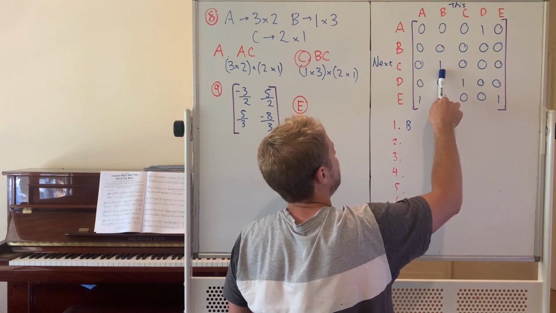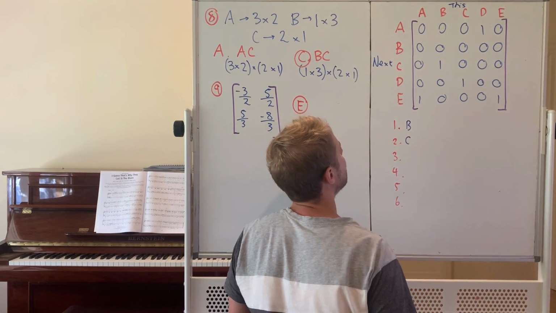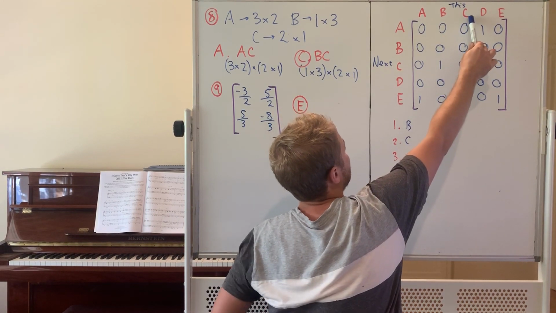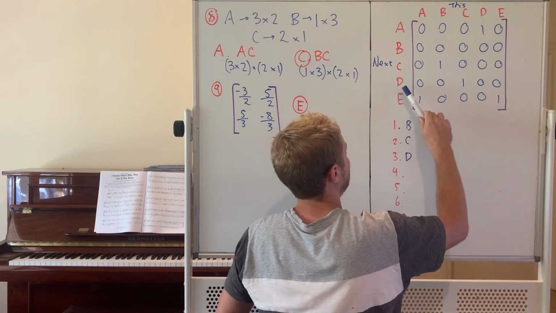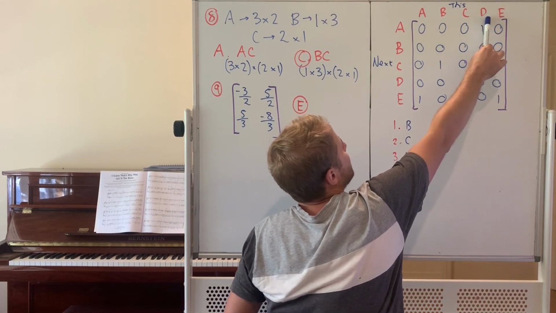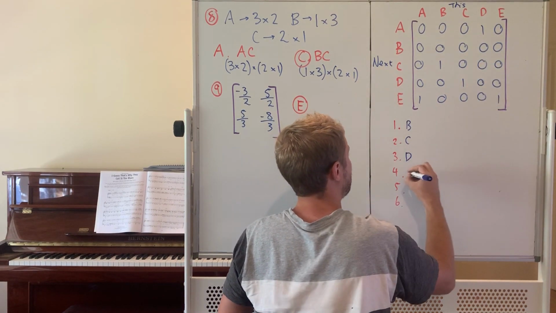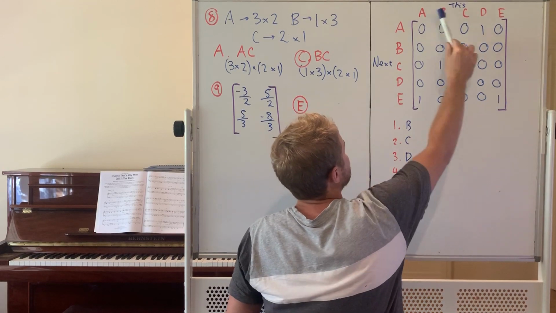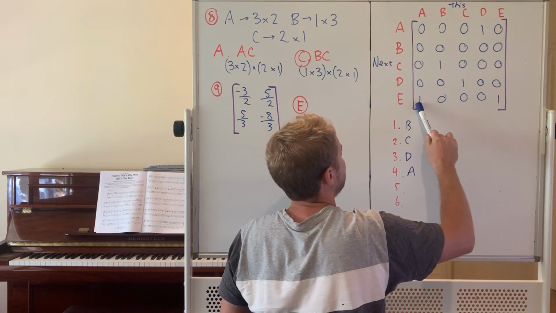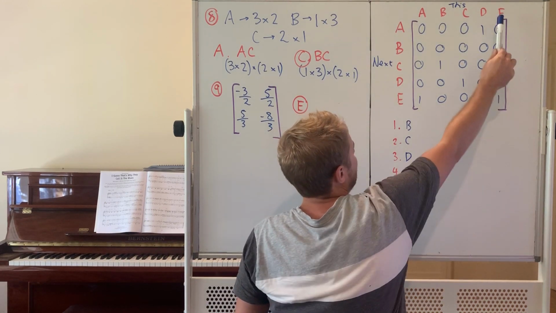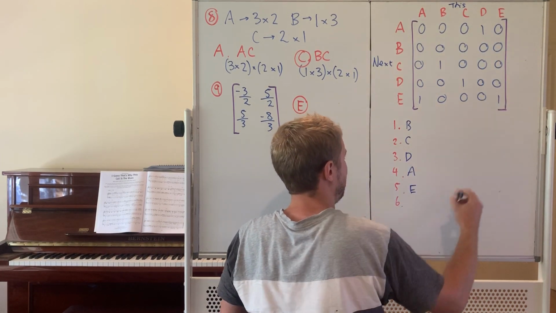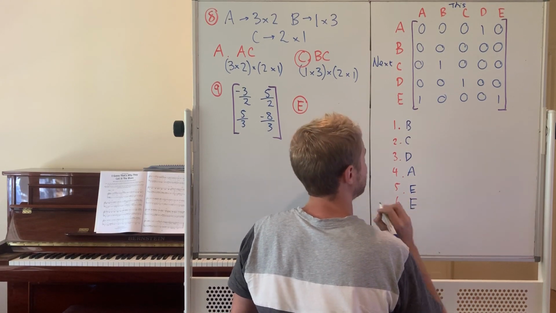So for the question after 1, he answered C. Back up the top, after C, that means he then chooses D. Back up the top, after D, he chooses A. Back up the top, after A, he chooses E. Back up the top, after E, he chooses E again. It looks like he's going to get stuck there.